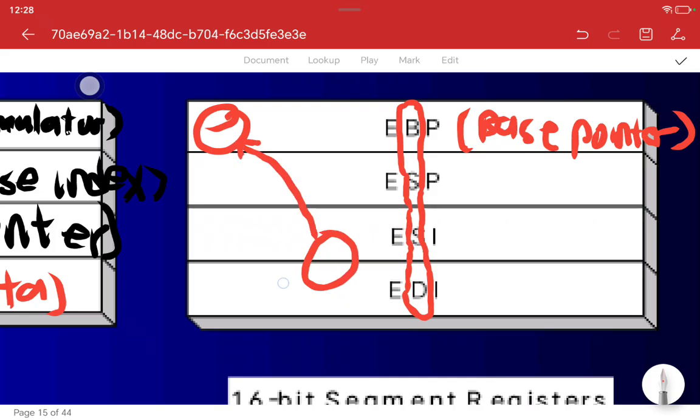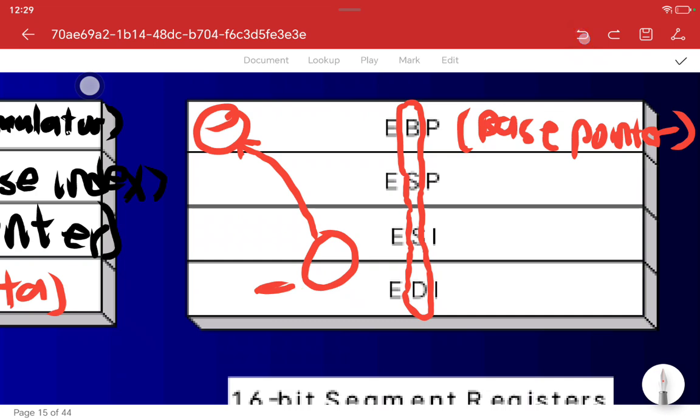Let's say this is pointing to B. If I want to access some local variables and arguments within this, I'm going to be using the EBP, which will be the base pointer. It will be the one pointing to the other part.